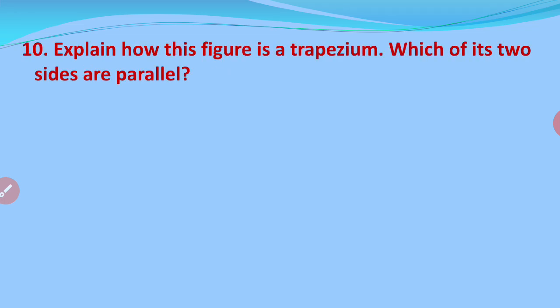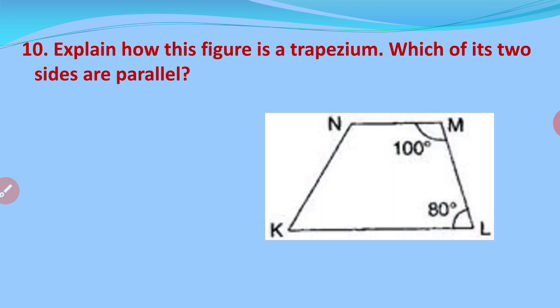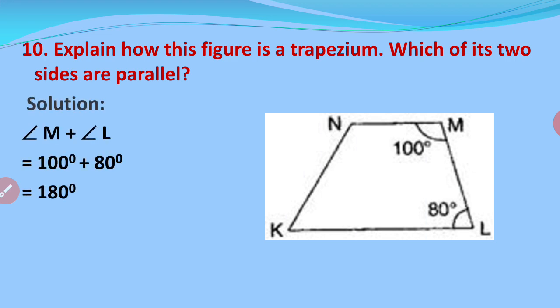Now this is question number 10. Explain how this figure is a trapezium, which of its two sides are parallel. Now if you think about angle M and angle L, they are the adjacent angles of the figure, and once we add them, the total comes out to be 180 degrees.